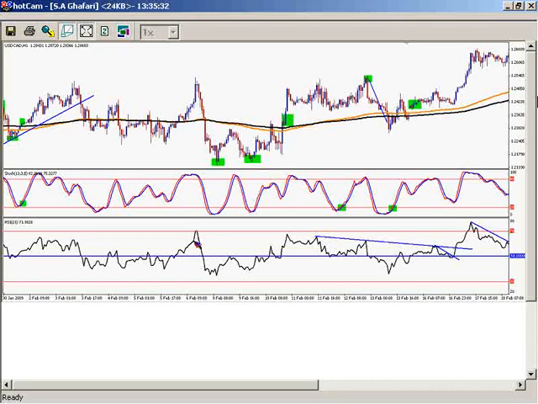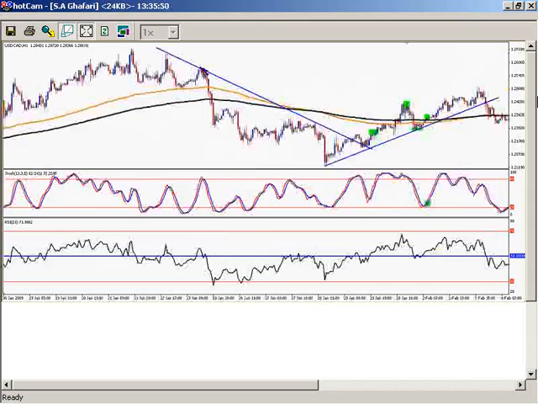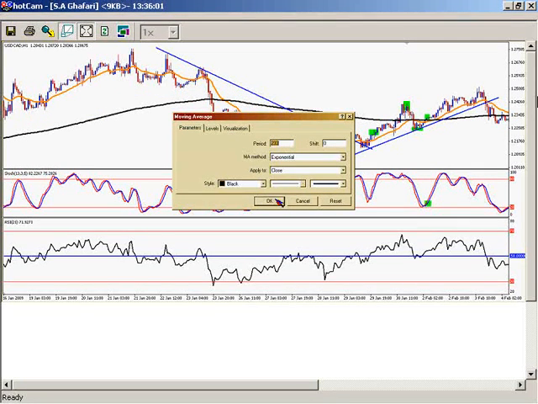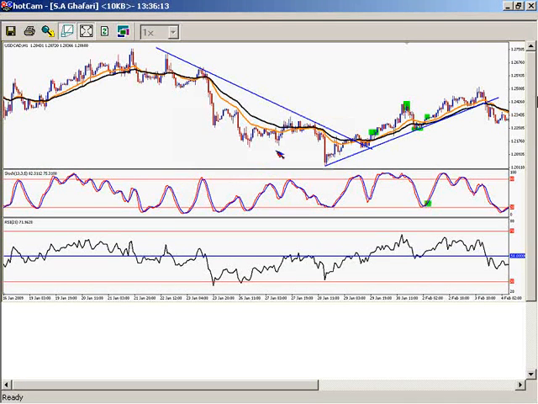Let's see what we have here. As we discussed at the beginning of the session, we have a downtrend here. We also have, for example, the 21, because I'm a short-term trader, so I try to use these two moving averages to know if the price is going downtrend or in a side market.